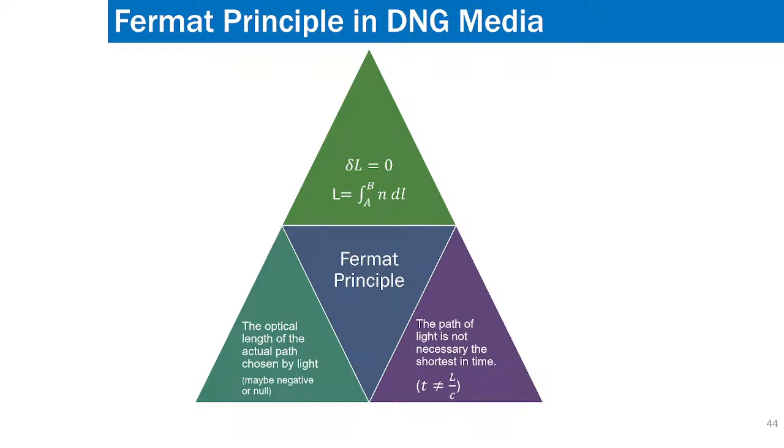Because L can be 0, then 0 by c is 0, so t would be equal to 0. This does not happen because it takes some time to travel from A to B. So necessarily t is not 0. This is how Fermat principle is valid. It is not invalid in case of DNG material.